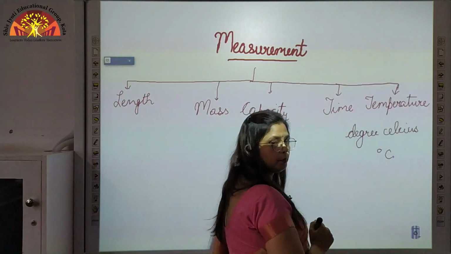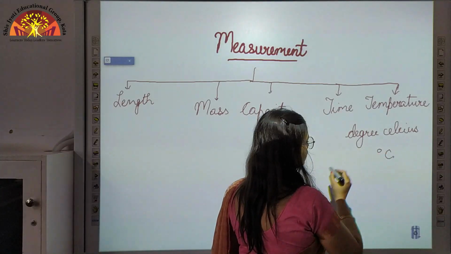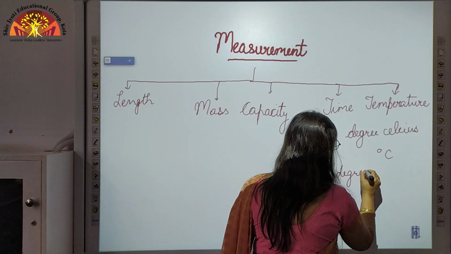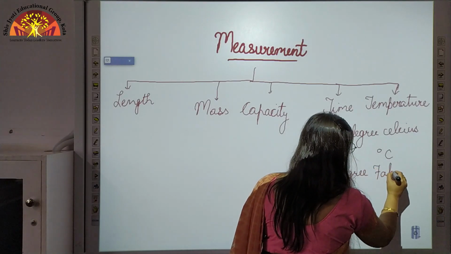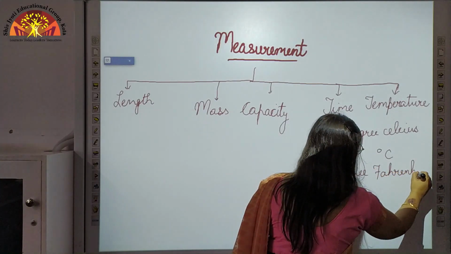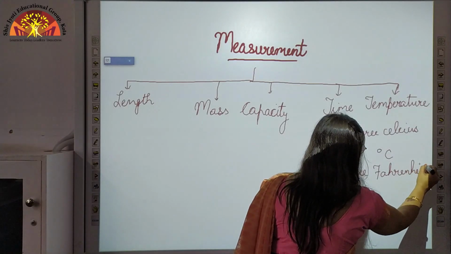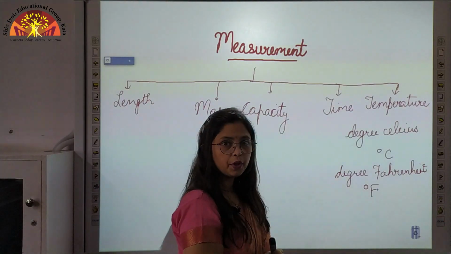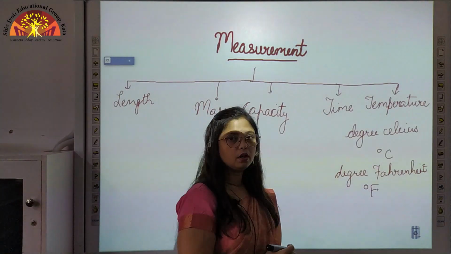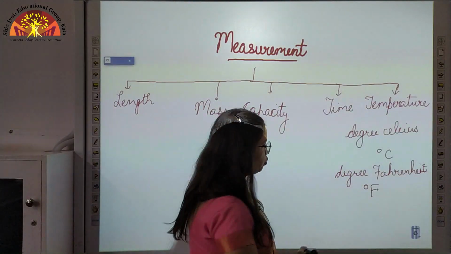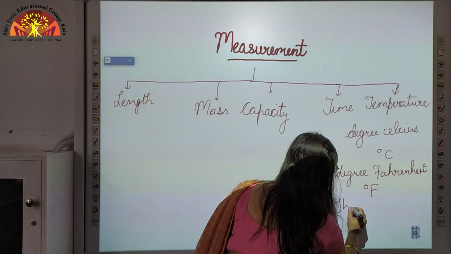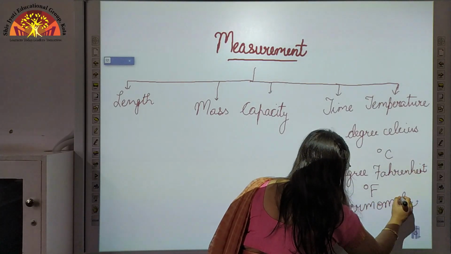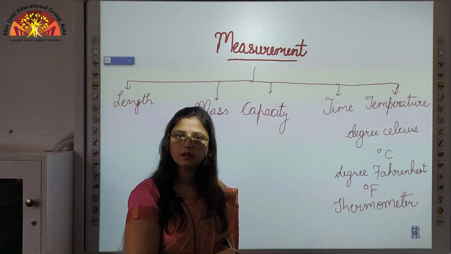This dot represents degree and for Celsius we write C. Another unit is degree Fahrenheit, written as degree F. And the equipment used for measuring temperature is called a thermometer. So, thermometer is used to measure temperature.